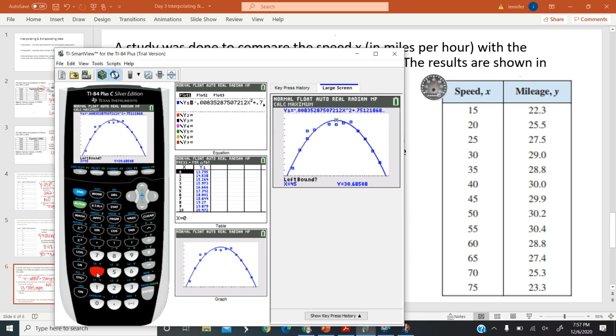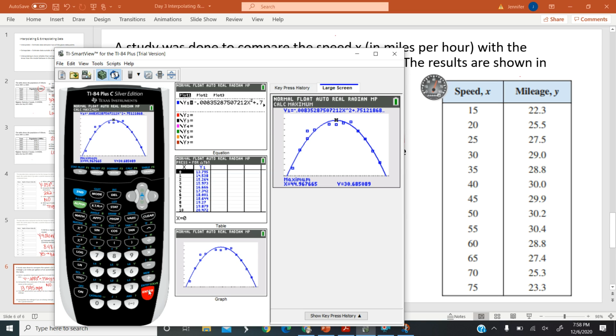And it wants me to go on the left-hand side of the maximum, which is somewhere over here, and then on the right-hand side of the maximum. So I'm just going to scroll over the top, and that's far enough, so I'm going to press enter over here, and then ignore where it says guess and just press enter again, and it'll give you the maximum, and this is where x equals 44.97.